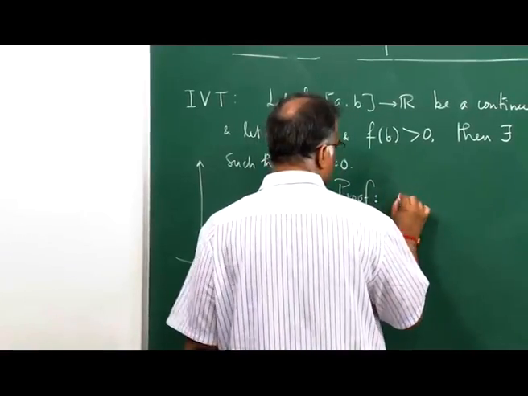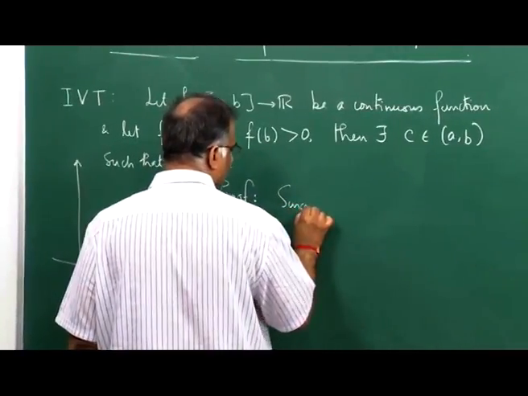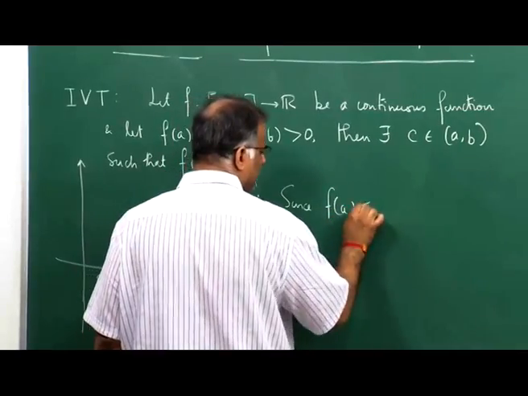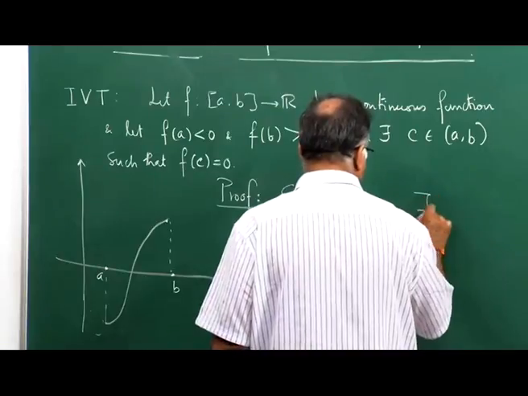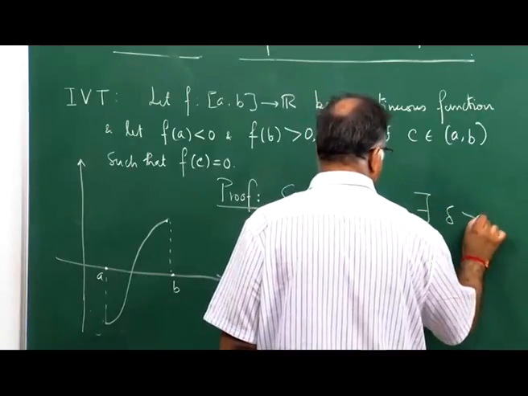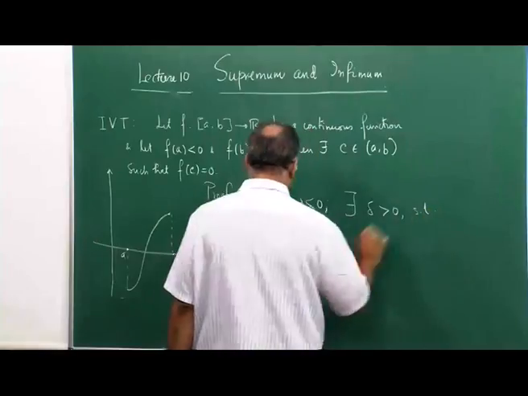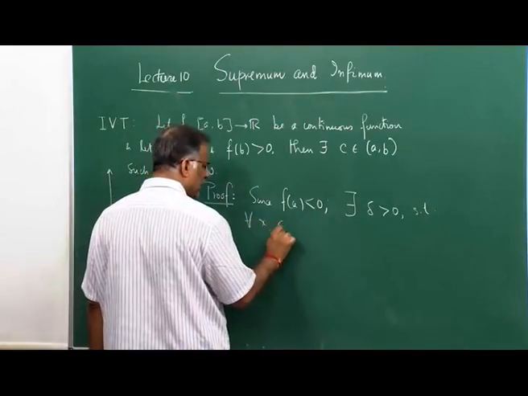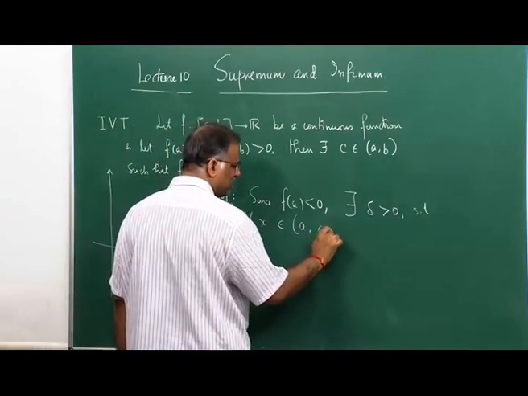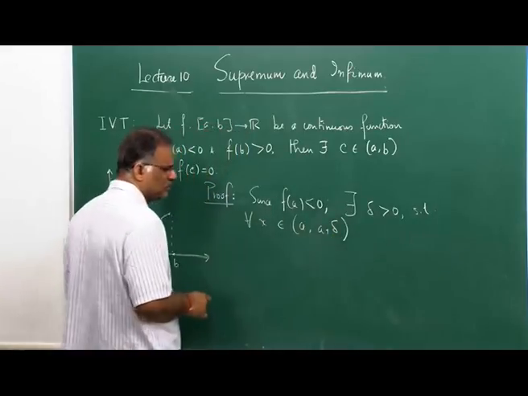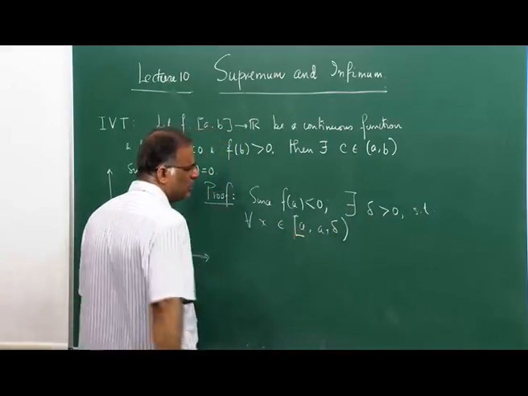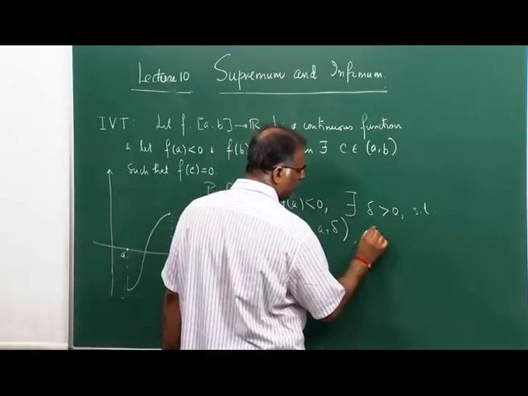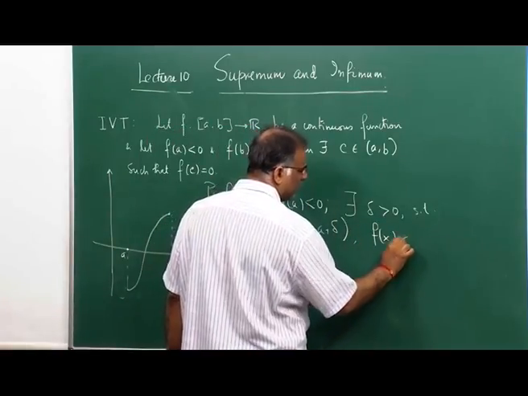Which means, since f a is strictly negative, there exists delta greater than 0 such that for all x in a to a plus delta, in fact you can include a also, f of x is strictly negative.